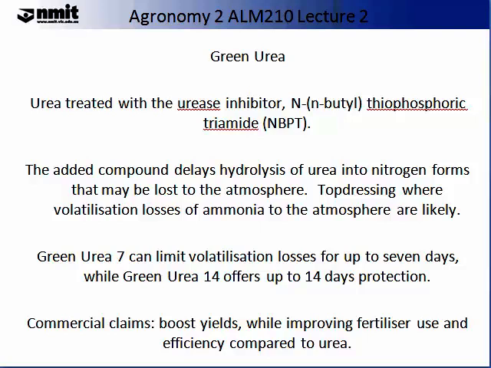It is recommended for top dressing where volatilization loss of ammonia to the atmosphere is likely to occur. Products such as green urea 7 can limit volatilization losses for up to 7 days, while green urea 14 offers protection up to 14 days. The commercial claims are that it boosts yields while improving fertilizer use efficiency compared to the product urea.